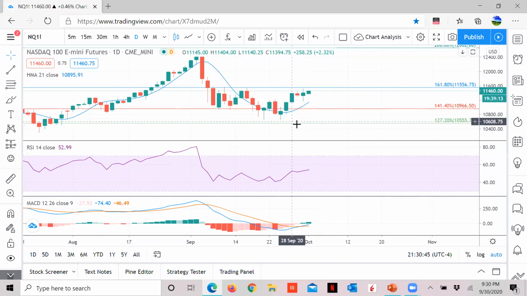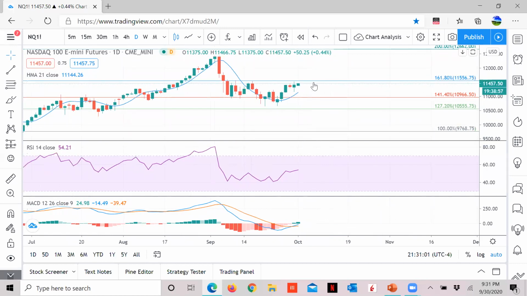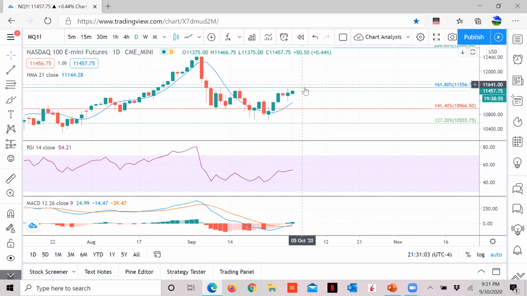But if it does the opposite, it's taking support here, it will fall back to this, it becomes the next support, and so on and so forth. Then this becomes the next support. Same thing. If it's shooting up, before it shoots up, this becomes a resistance, then this becomes the next resistance.